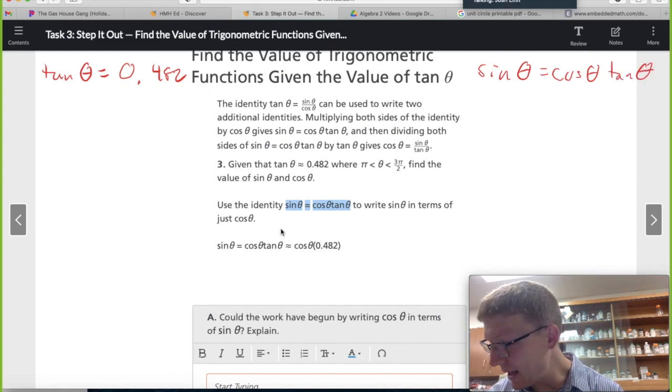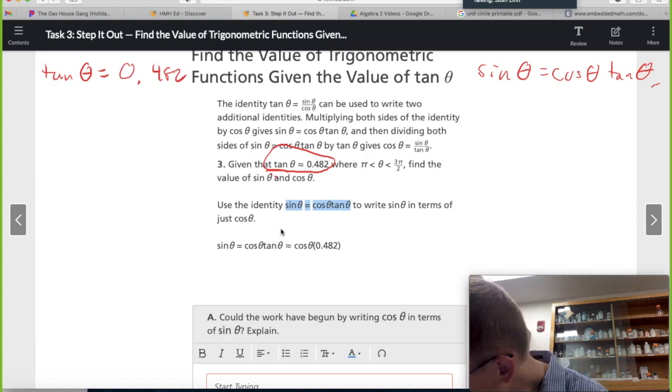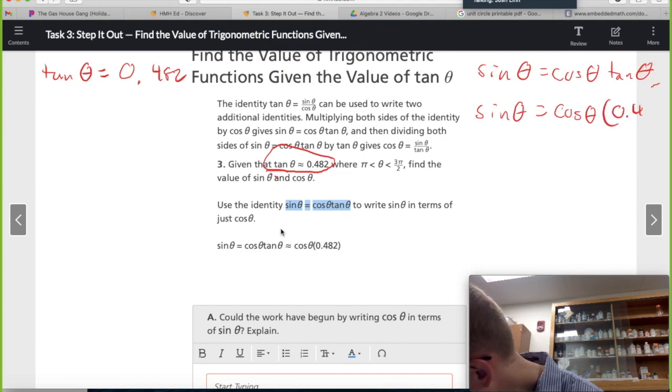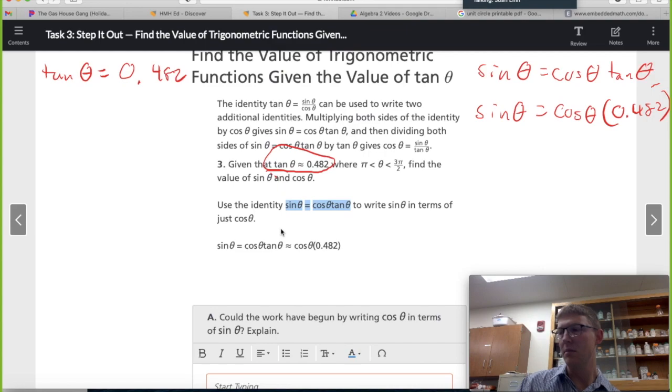We know that tangent, we have a number for that. So sine theta is equal to cosine theta times 0.482. Okay, cool.